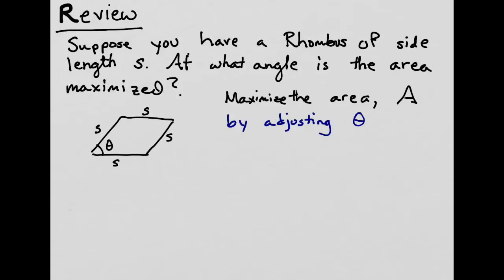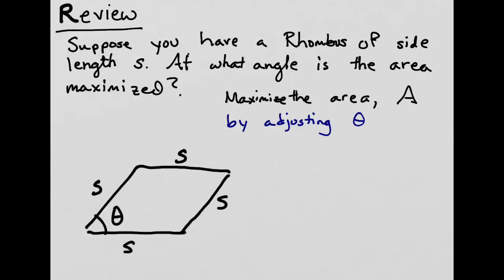I'm still figuring out this app, but whatever. We want to change the shape such that we get a maximum area. So we want to change that theta. Maybe it's going to be more up and down, maybe it's going to be more stretched out. We don't know, but we just want to see what happens with this function.